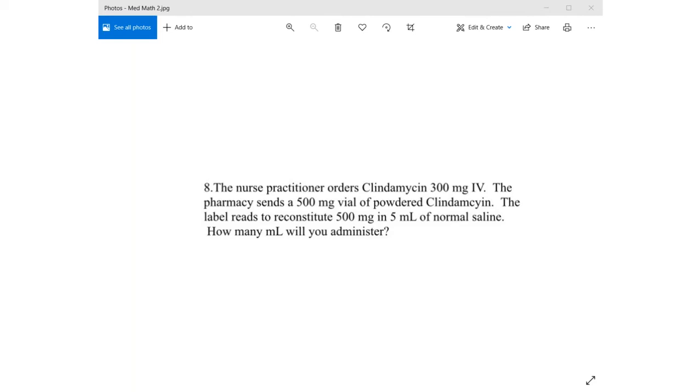Awesome. I see 2 students have put the correct answer in the chat bar along with a correct unit. The answer is 3 ml.